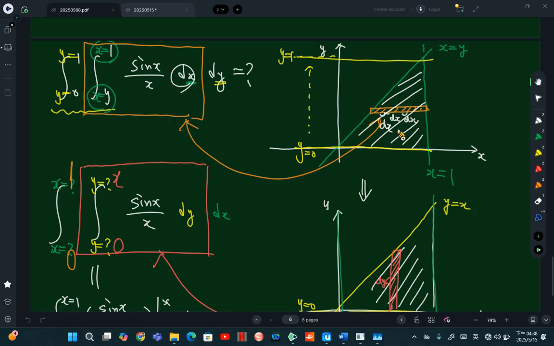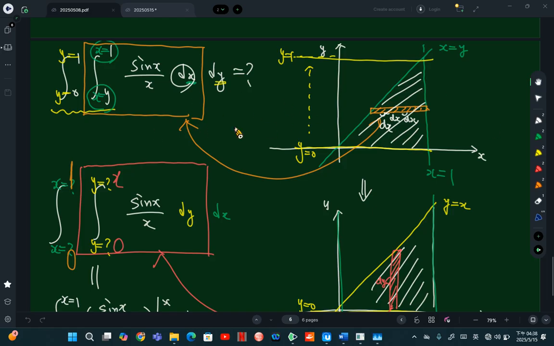The function value is here, here, here. This point is the function value. So we use the function value times a small dx. That means we follow the x direction first.